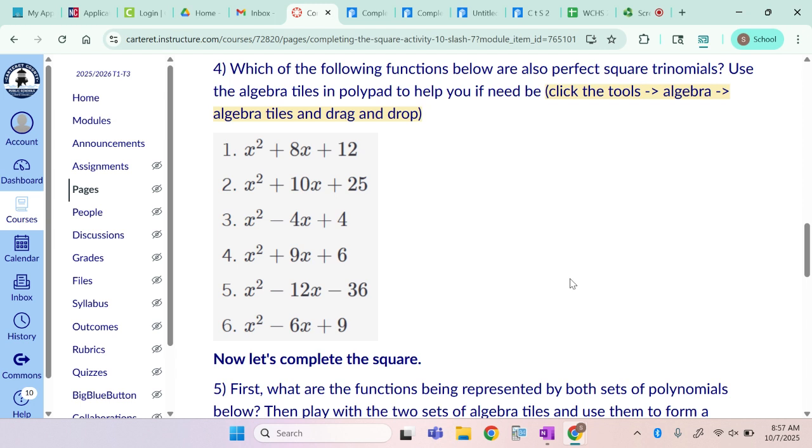If I put 6 here, 6 here, they cancel each other out. So in other words, you can't have the same numbers. So that's not a perfect square trinomial. What about this one? Yeah, it is. You can write this as x minus 3 all squared.